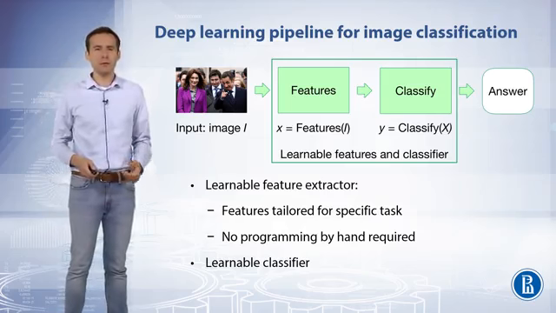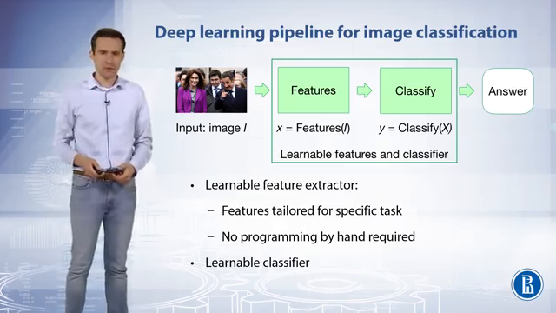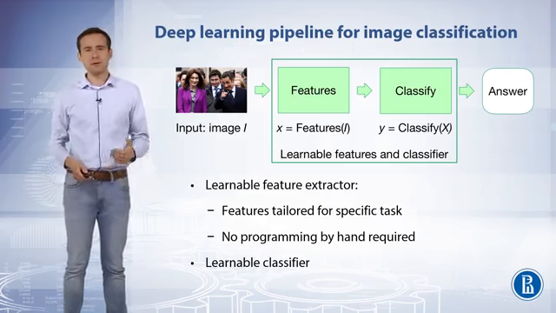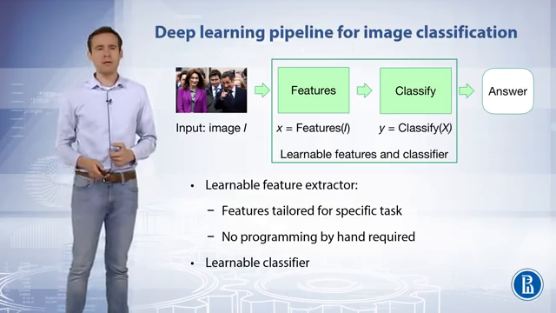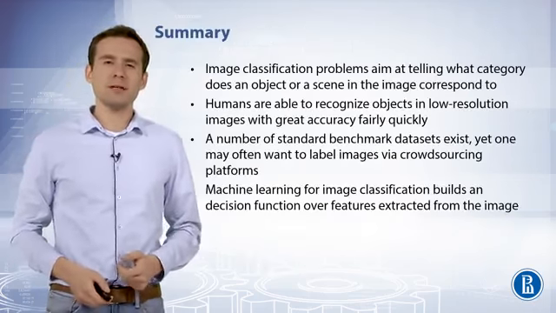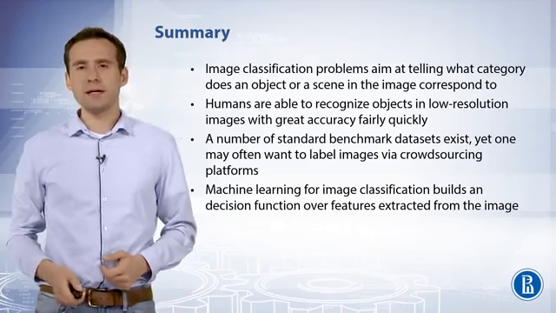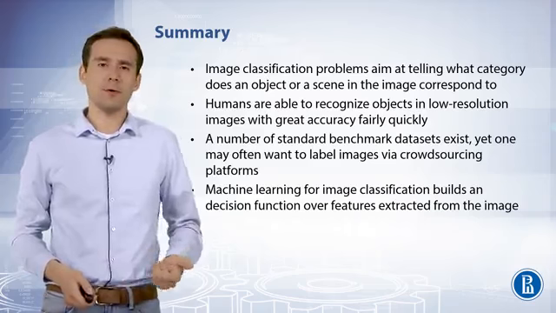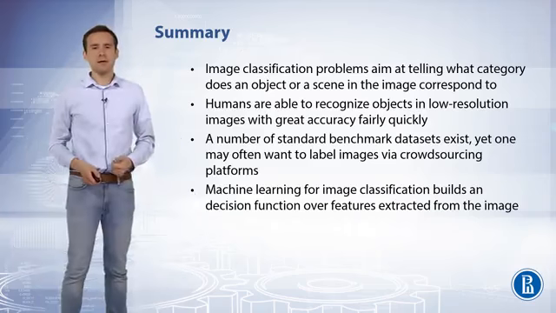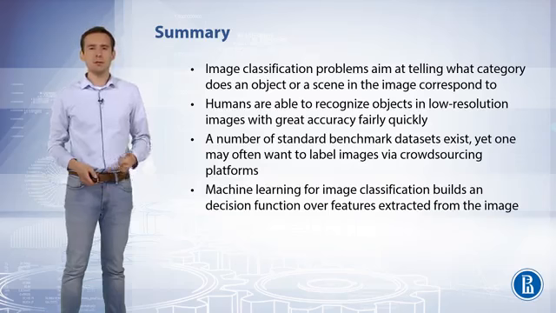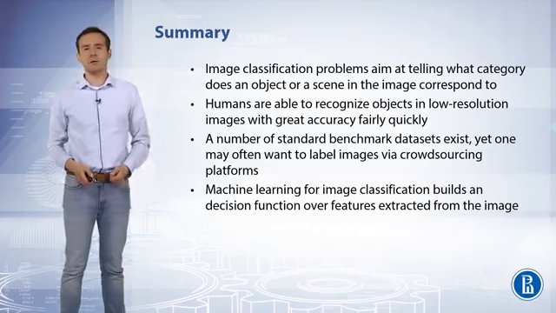Deep models have outperformed hand-engineered feature representations in many domains and made learning possible in domains where engineered features were lacking entirely. To summarize this short video, image classification problems are those that aim at telling what category does an image belong to, or a scene. Humans are able to recognize objects and scenes even in low-resolution images with great accuracy and really quickly.